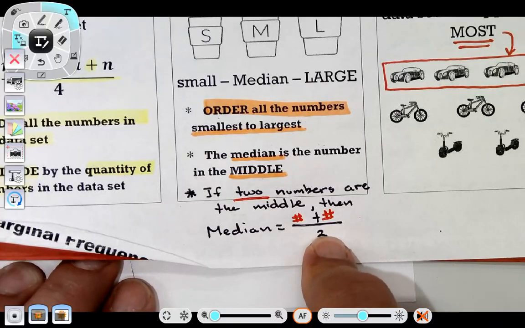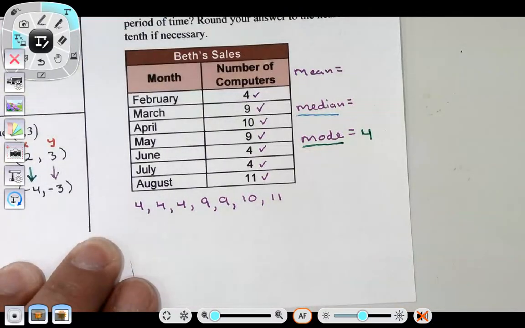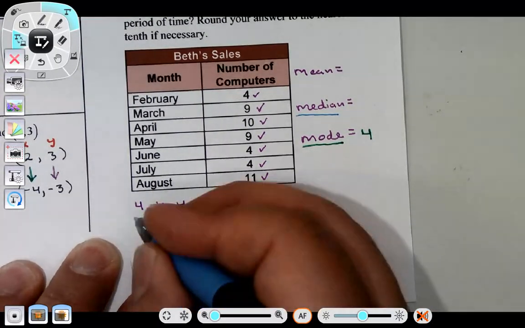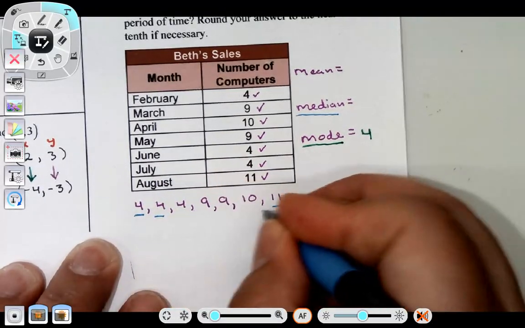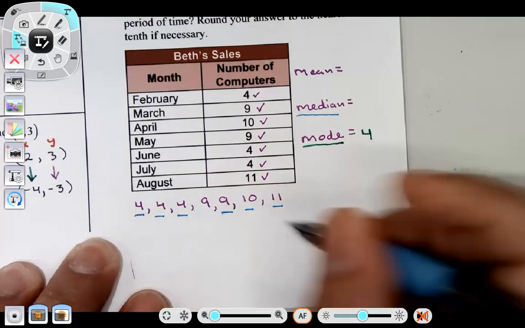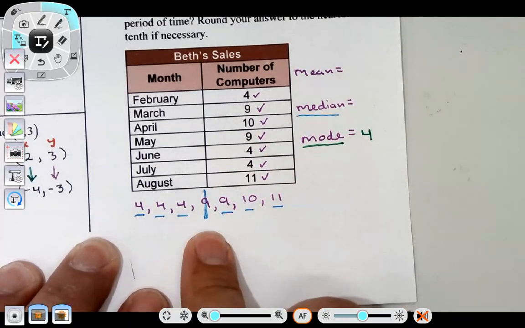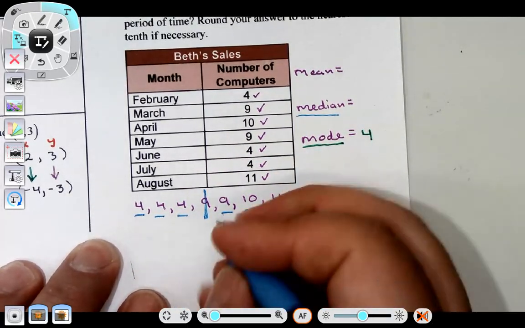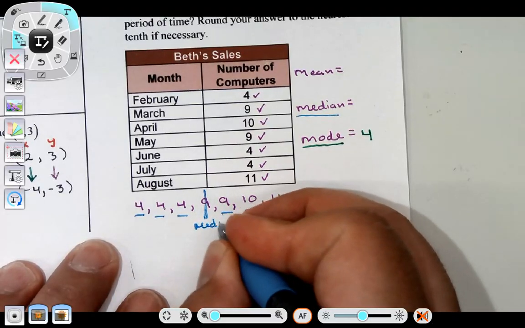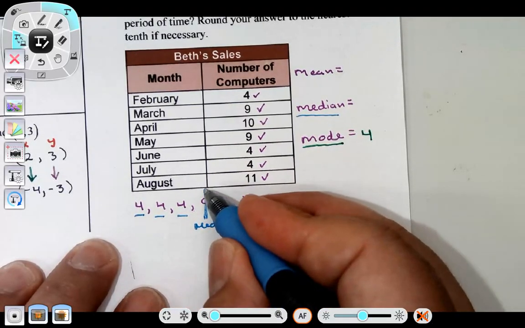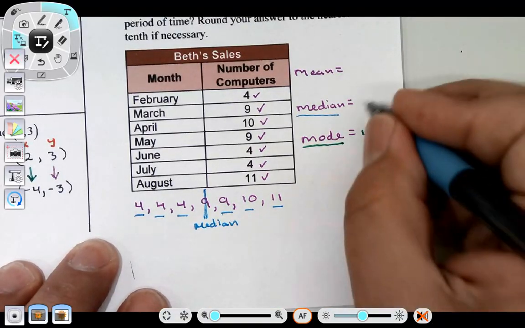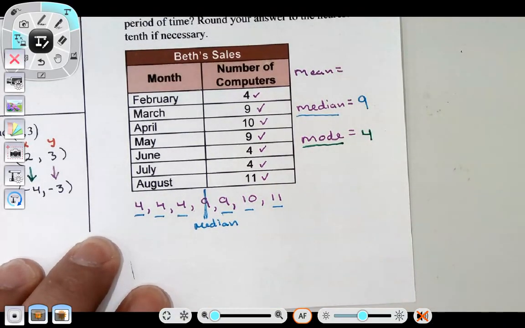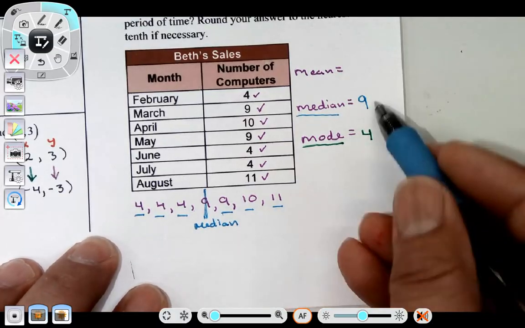No. It depends on where you're going to make a cut. Low to high, low to high, there it is. That's where I would make my cut. And if I'm making a cut, there's my median. If the cut actually goes through a number, then I don't need to do that division stuff. All I do is write the number down and I'm done. That's the median for this data.